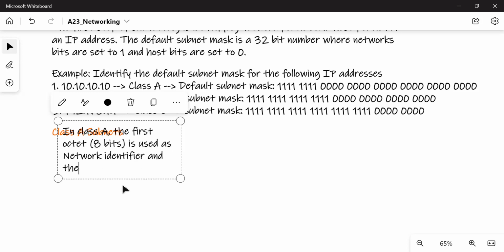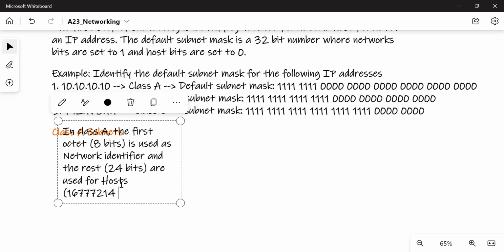And the rest, now rest means we have 24 bits. So these 24 bits we use for hosts. That means the computers in the network. So specifically, this is around like 16 million. We discussed the value. 16,777,214, right? That means 2 to the power 24 minus 2.